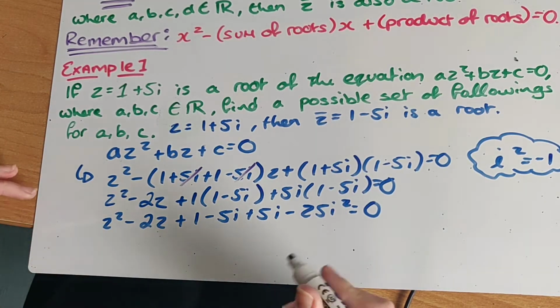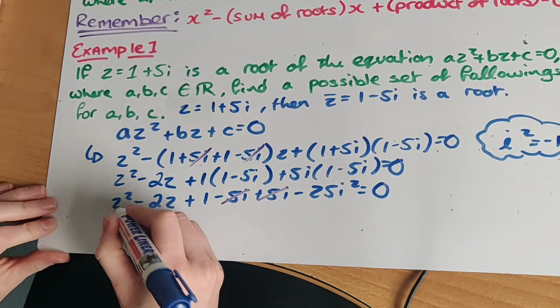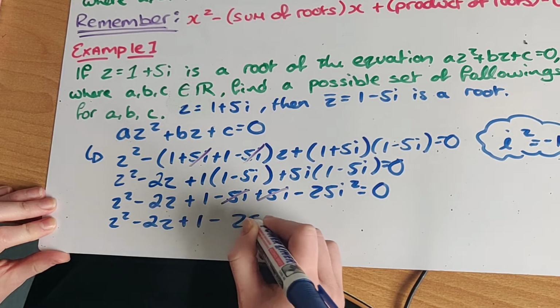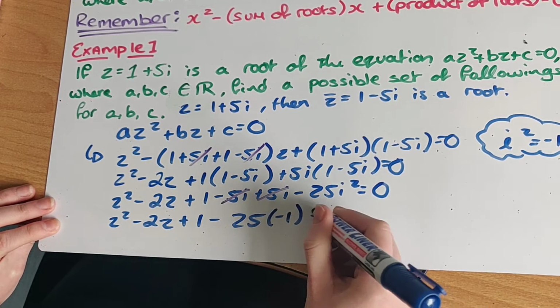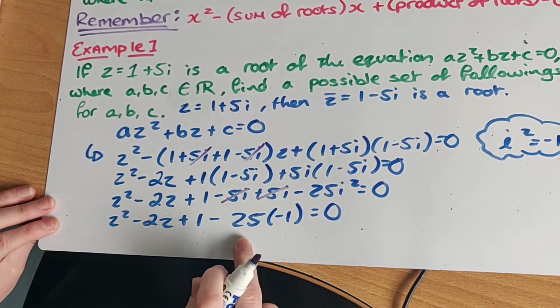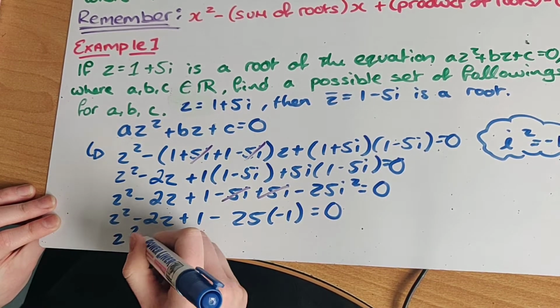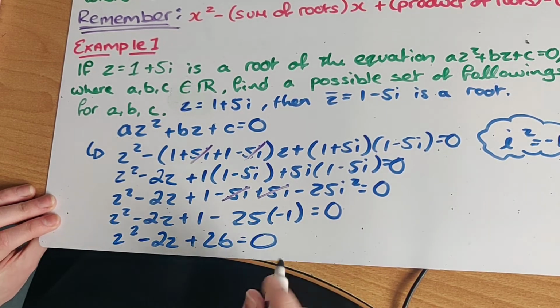Now I see my minus 5i and plus 5i cancel. So I now have z squared minus 2z plus 1 minus 25, and instead of i squared I'm going to sub in minus 1. A minus by a minus makes a plus, so it's now plus 25, which means my final answer is z squared minus 2z plus 26 equals 0.